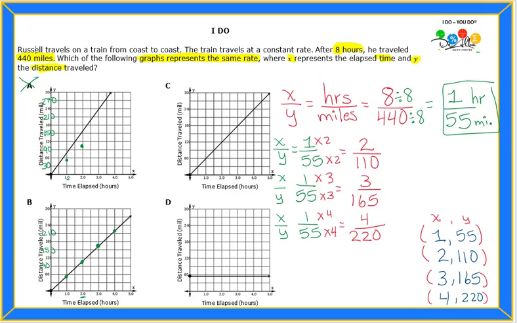But let's go ahead and check C. So I need 1 and 55. So this is 1. That one looks like it's 60. So we're going to write it down over here. Then we have 2 and 110. So 110 needs to be less than that because that's 120 already. Then we have 3 and 165.